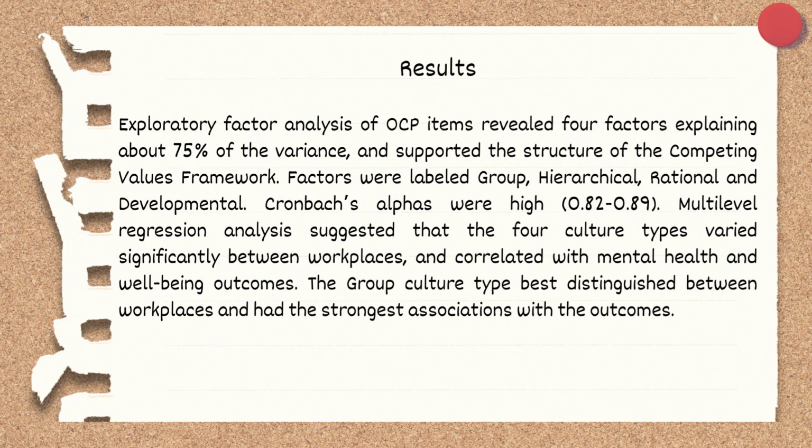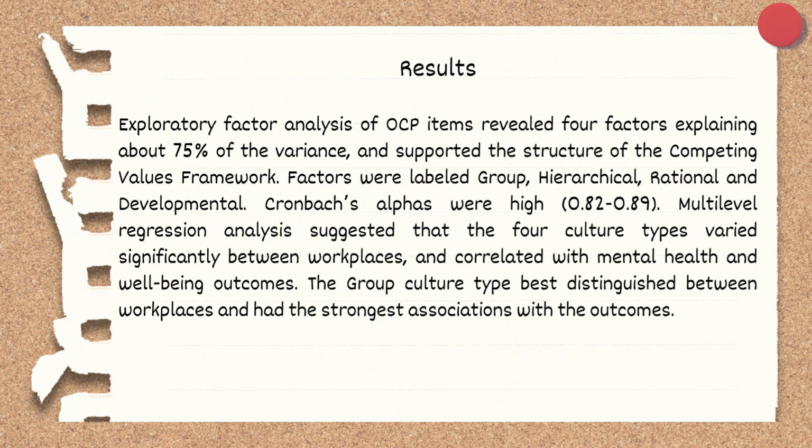Results: exploratory factor analysis of OCP items revealed 4 factors explaining about 75% of their variance and supported the structure of the competing values framework. Factors were labeled group, hierarchical, rational, and developmental. Cronbach's alpha were high, from 0.82 to 0.89.